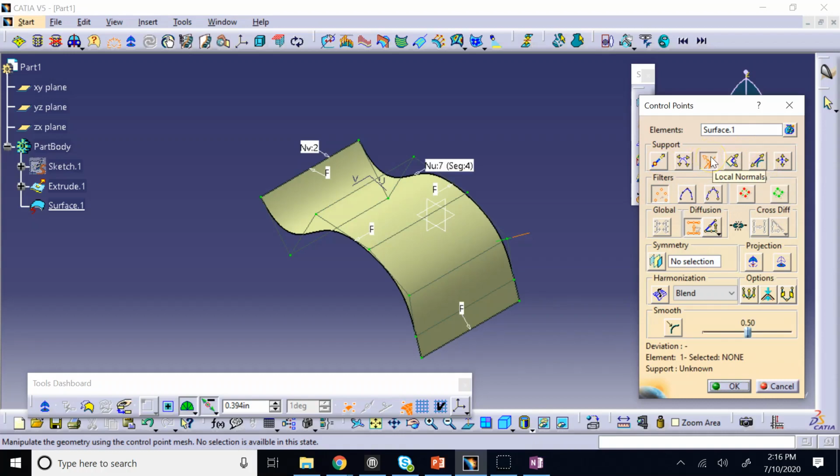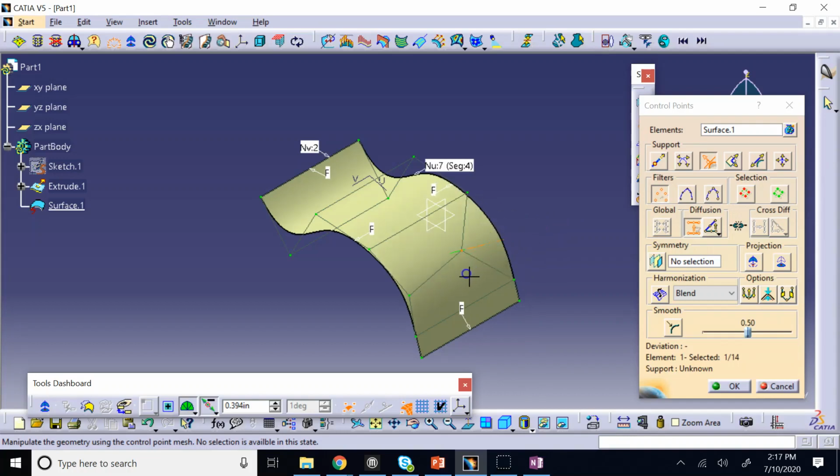So for the moment, let's say I want to move each one of them in a normal direction to the surface at that location and distort it. So let's say I go over that point, you see I get a green line and orange line together. So it means that point is now ready to be selected. So I click on it, hold down the left mouse key, and then what?